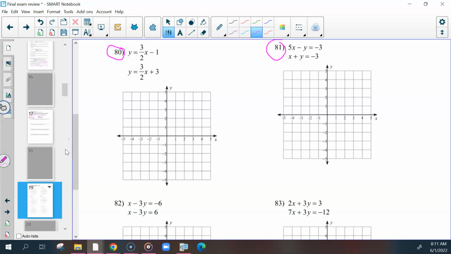For number 80, we have to graph both of these. Again, if when we originally did this you did it in different colors or different writing utensils, it could help me see better.